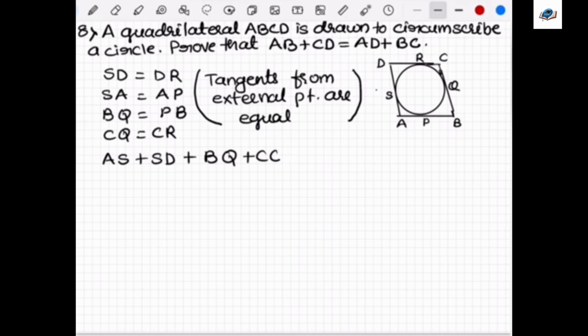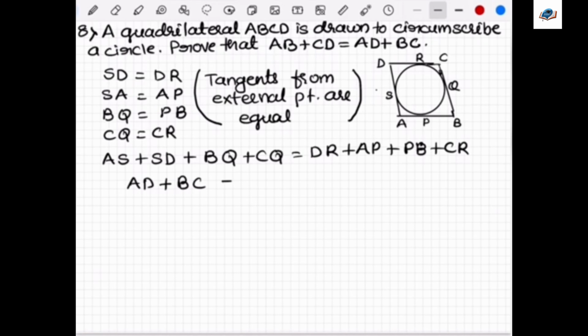AS and SD will be equal to AD, BQ plus QC will be equal to BC. Same way DR plus RC or CR will be DC, and AP plus PB will be AB.